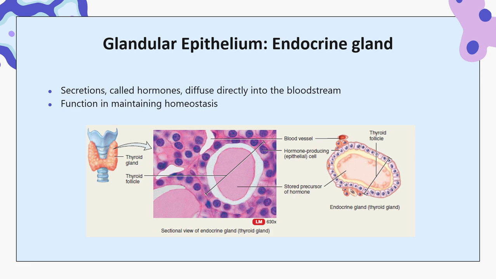So the secretion of these glands comes directly into the bloodstream and then goes to the desired site of action, right? The secretion of these endocrine glands is called hormones, and these hormones diffuse directly into the bloodstream, and from the bloodstream go to the desired site of action.